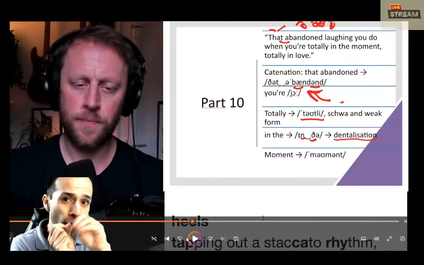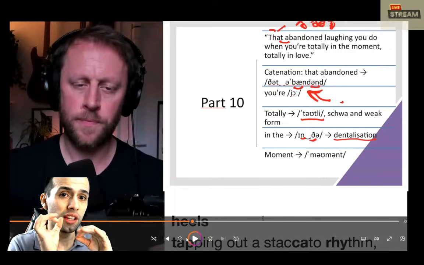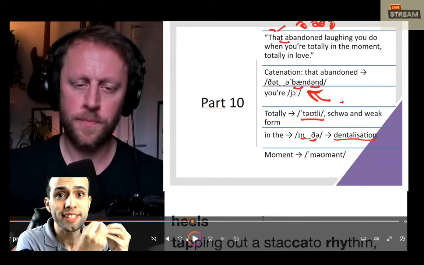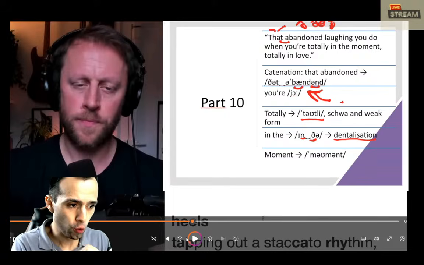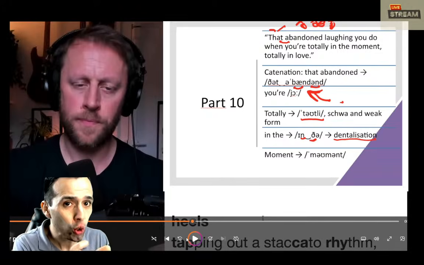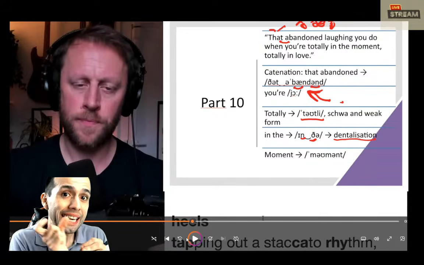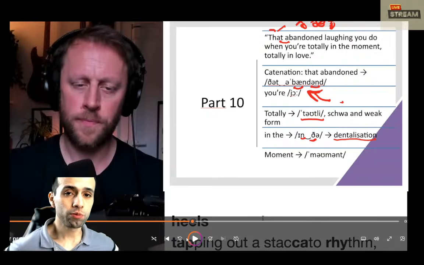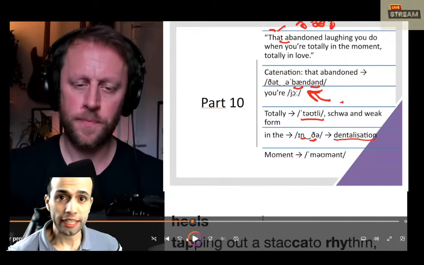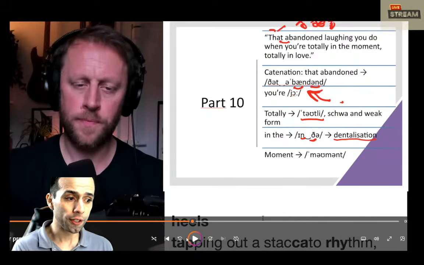If it's followed by another consonant, or a pause, you don't pronounce it. So, as in this case, this is followed by totally, and totally begins with the consonant sound T. You don't say you're totally in this accent. Of course, in American English, most people will say you're totally.